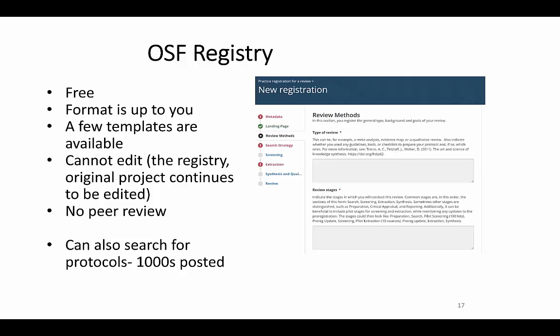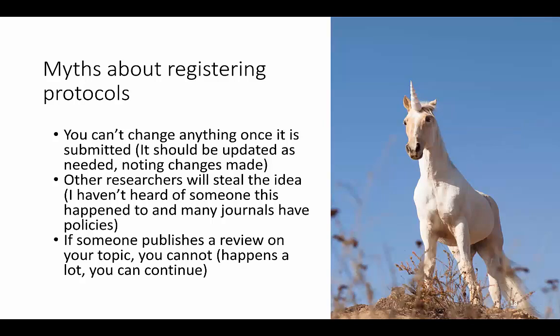It's also not peer reviewed. And there's thousands of protocols in there to go and look at. So to make sure that you're not doing something that's already been done, you can always go and look in there. And I think OSF also has a few other registries in there that you could search at the same time.